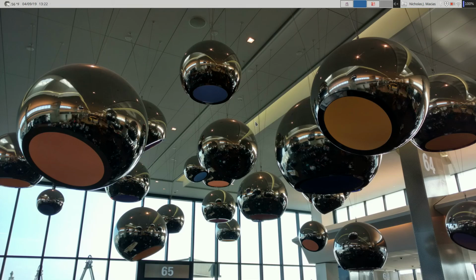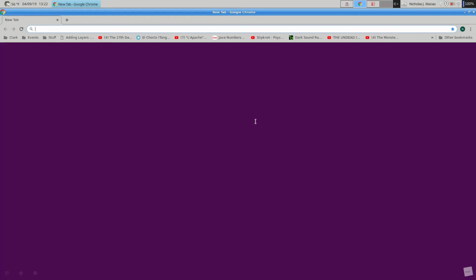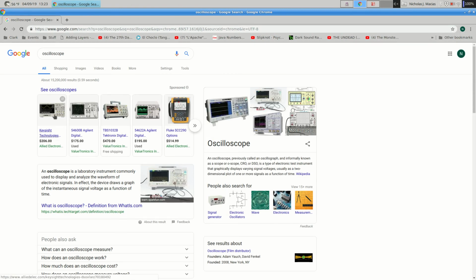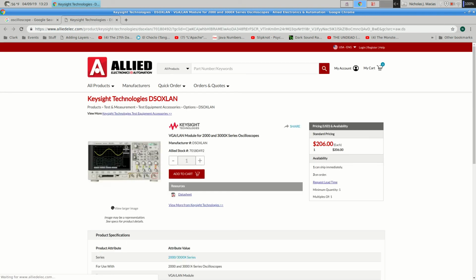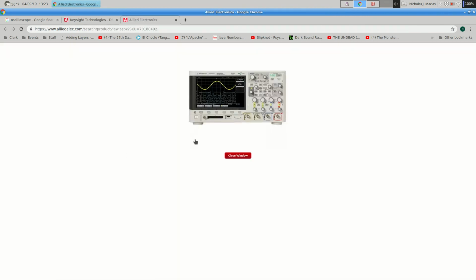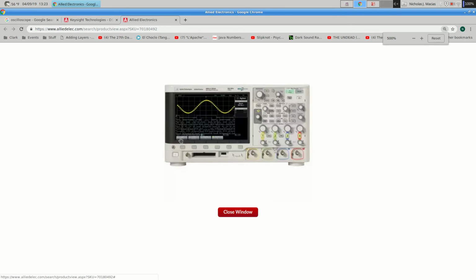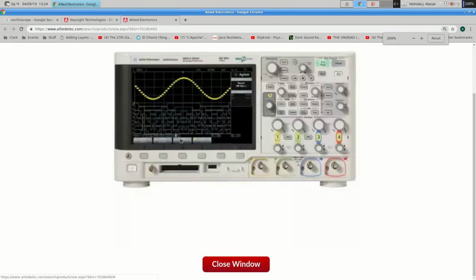I should use the actual equipment that we have, but I don't have a picture of it handy, so I'll just do a generic oscilloscope. So there's a fairly fancy oscilloscope.